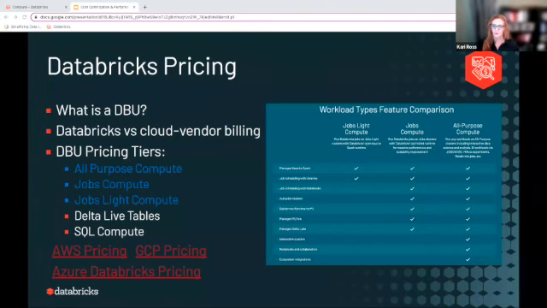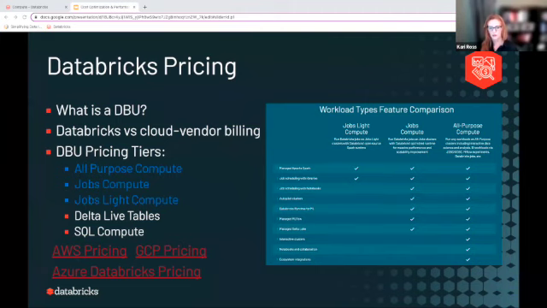So one DBU is roughly, if you're on Azure, it would be like a standard D12 v2 memory optimized; one standard DBU is what you can process on that VM. When you're selecting your VMs on your runtime in your workspace or your API, you can see the different DBU costs.